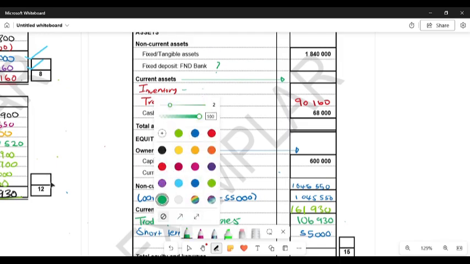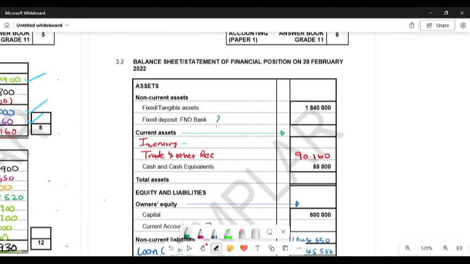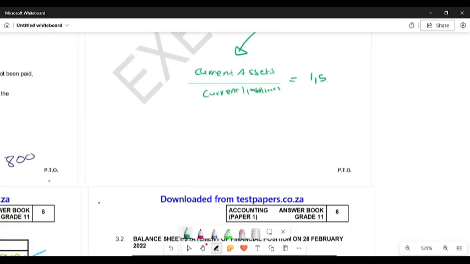Remember I said with regards to the fixed deposit one, if you can calculate our current assets, right? Not really the fixed deposit one, this one basically, the inventory balance. I said if you can get the current asset balance, we would be able to get how much it's inventory. Now remember, for our current assets, we need to take current assets, divide them by current liabilities.